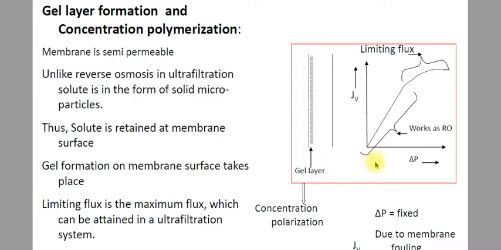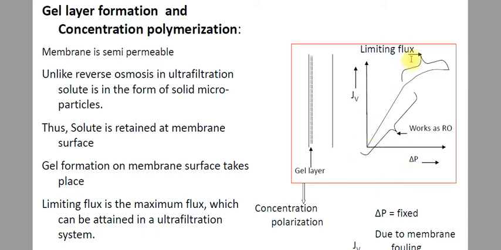So in reverse osmosis, when you increase the pressure, you will find that the correlation of flux and pressure is almost linear. At any pressure which you can achieve in the reverse osmosis process, it is always linear. It goes from the origin. So you will always find a straight line, and the flux will increase with increasing pressure.